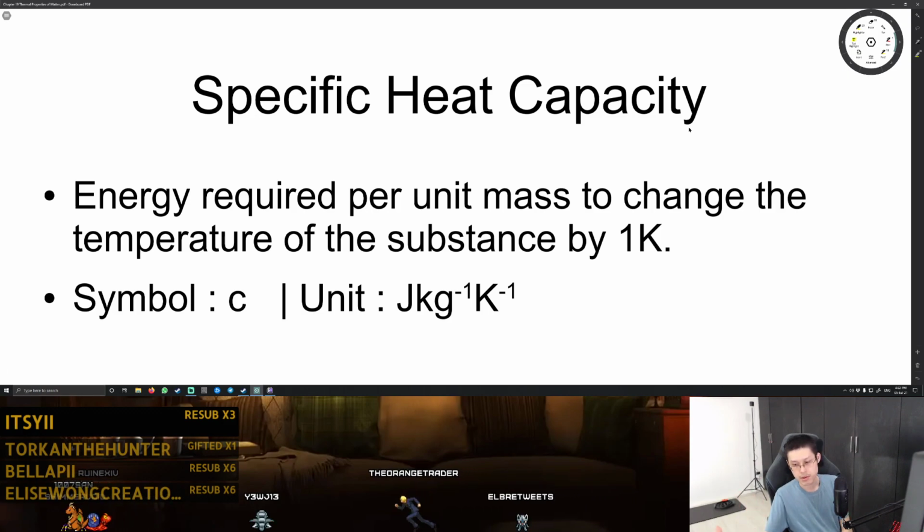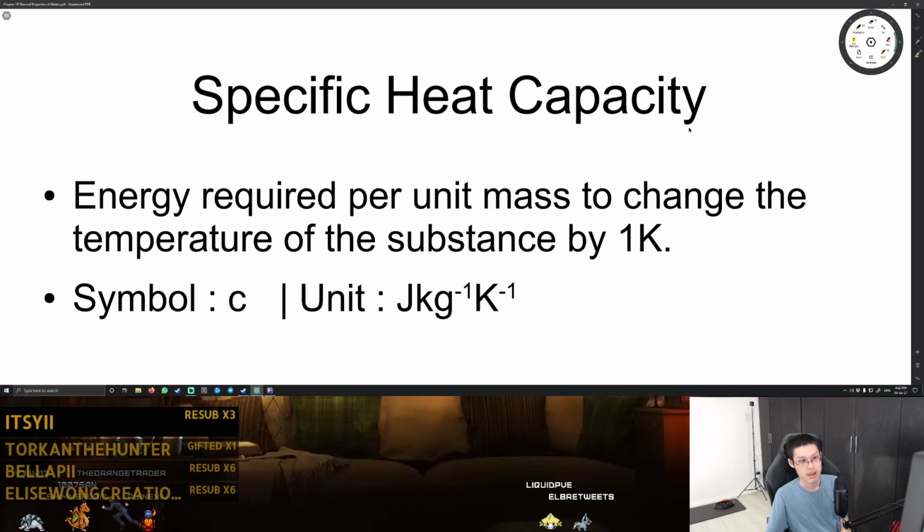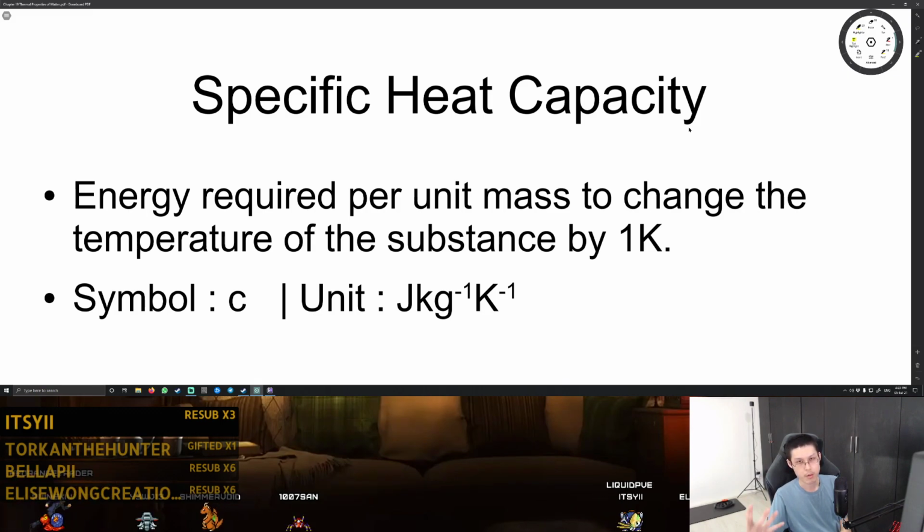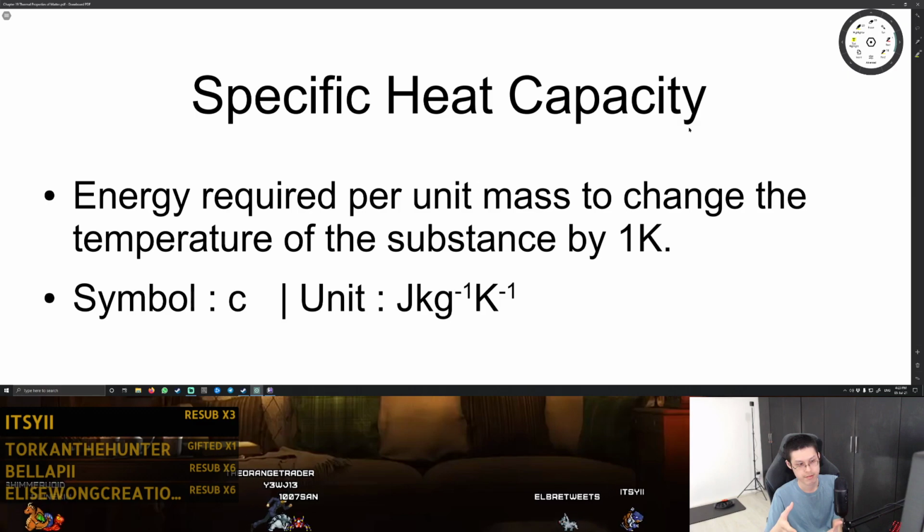For example, water has a specific heat capacity of, I think, 4.2 joules per kilogram per kelvin, something like that. So if you want to increase 1 kilogram of water by 1 kelvin, you need to introduce 4.2 joules of energy.